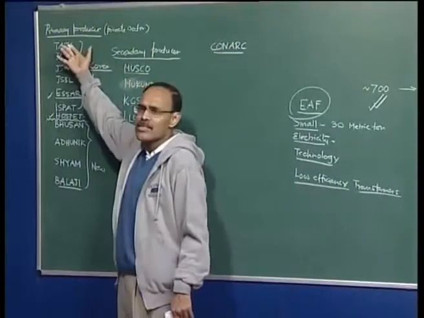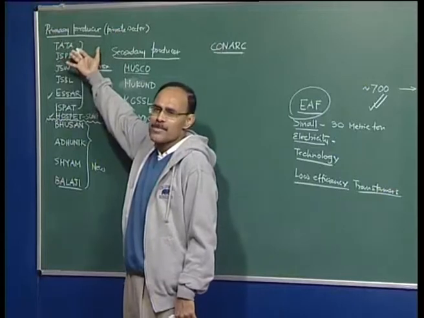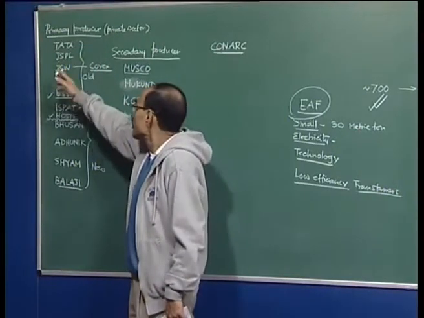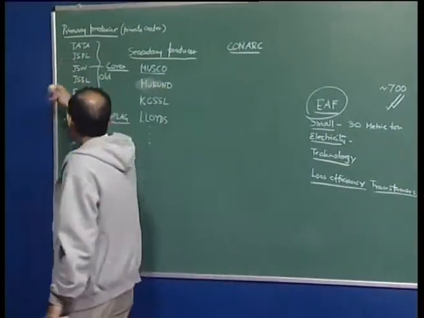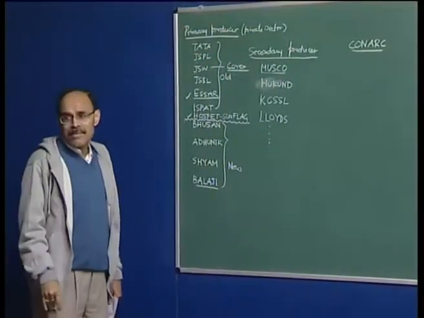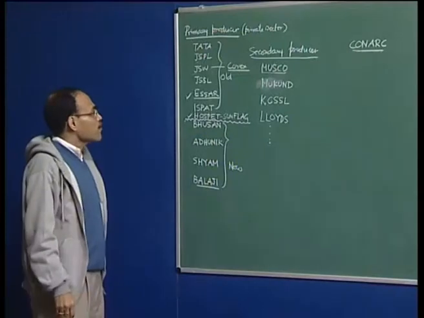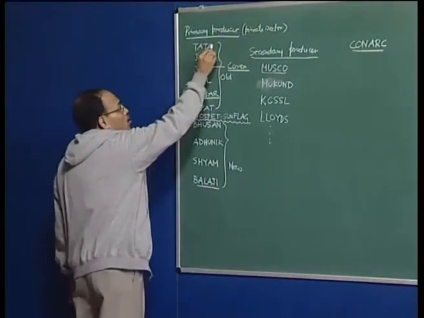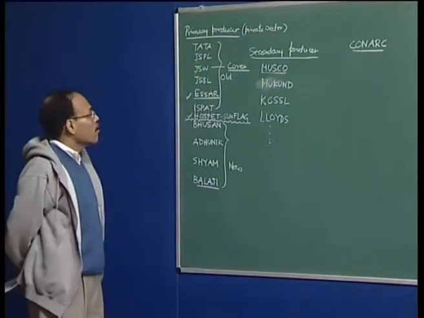Tata Steel, conventional LD process, big blast furnaces, 6 or 7 in number, and they have secondary steel making. They have both slab casting as well as billet casting facilities. So that means they produce long products as well as flat products.